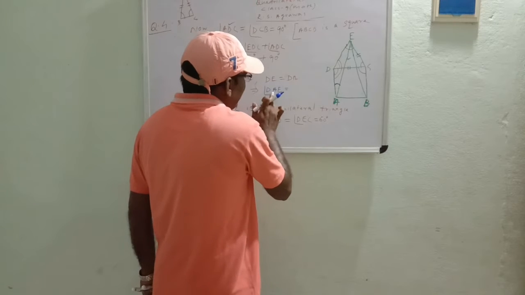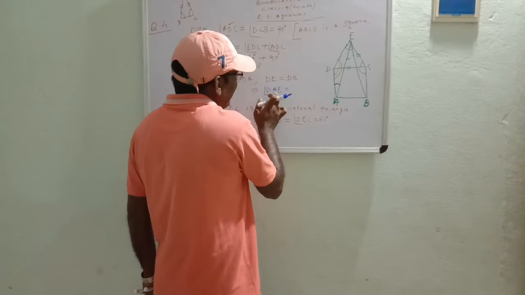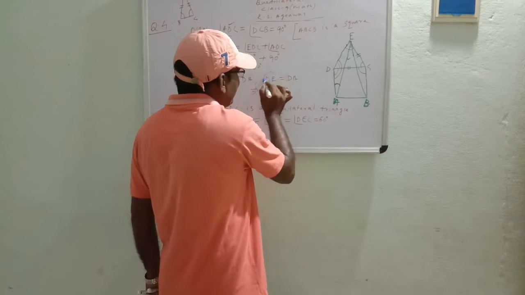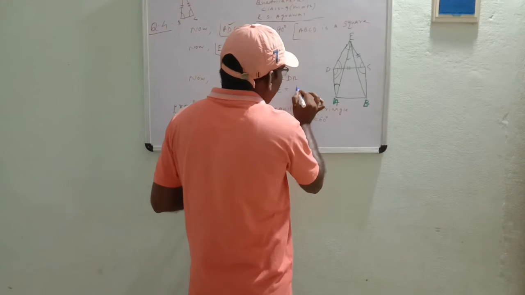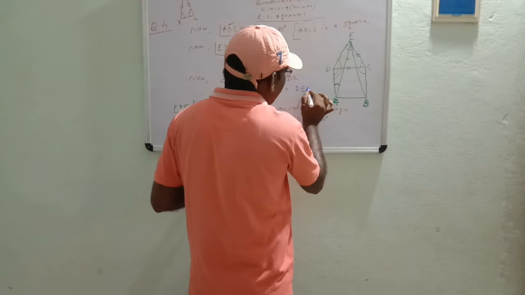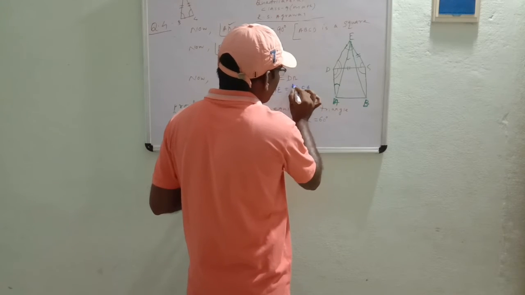Angle DAE is the opposite angle of side DE, and angle DEA is the opposite angle of side DA.